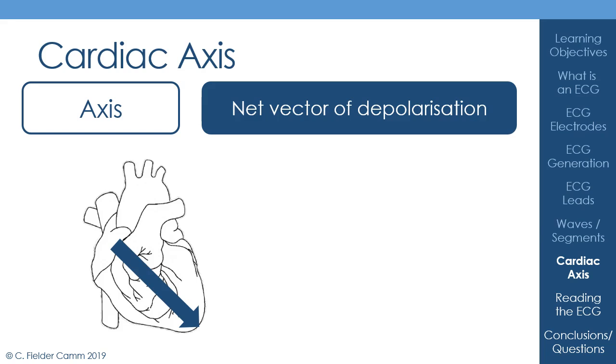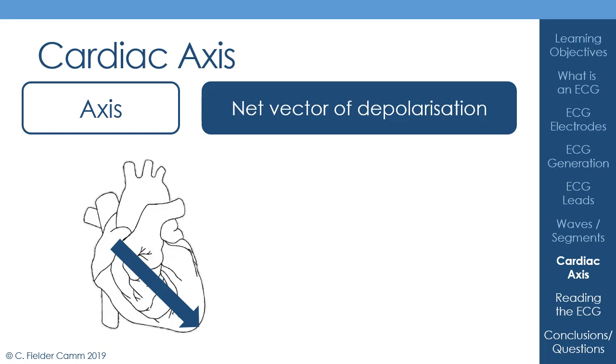As I mentioned earlier, the amount of cardiac muscle is somewhat determinant of the amount of deflection you see on an ECG, although that is not always the case, but in general it is. And so we have a big left ventricle, so we have depolarization going from top right down to bottom left. And that's the normal axis.